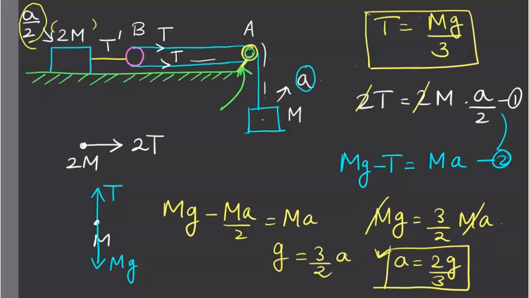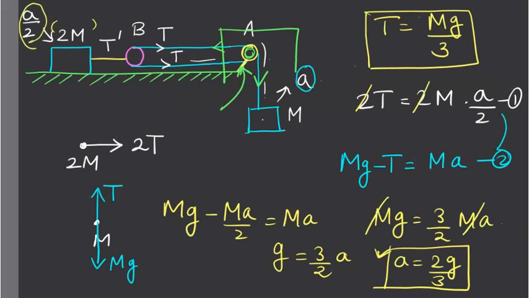So we will analyze what forces are acting on this particular pulley. Because of tension, the force on the pulley due to the tension in the string will be like this. Let me go to the next page.